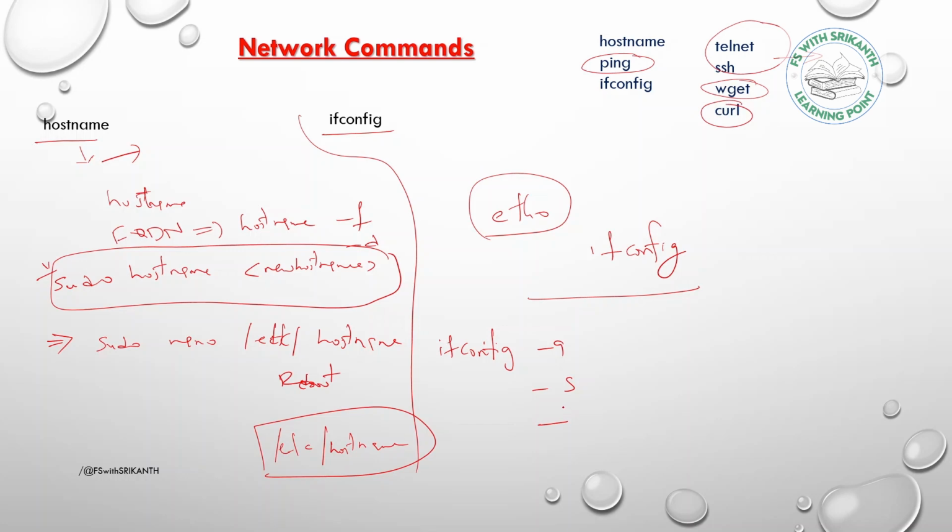If you want to bring a particular ethernet interface up or down, use sudo ifconfig, the interface name like ethernet, and up, or you can go with down. In this way we can bring interfaces up and down.